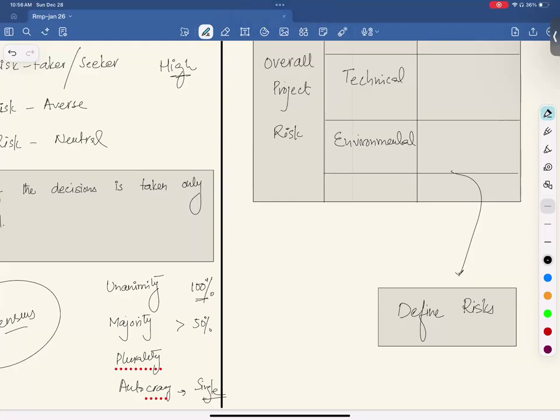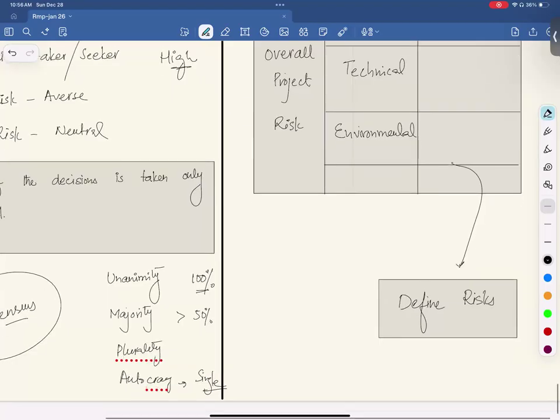So I can define my own categories. There is no hard and fast rule that these are the categories you should use. You can change it according to your project. But if you miss certain categories, it means that you are missing a whole area of risks. Absolutely, that's right.